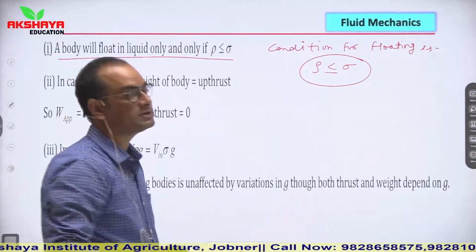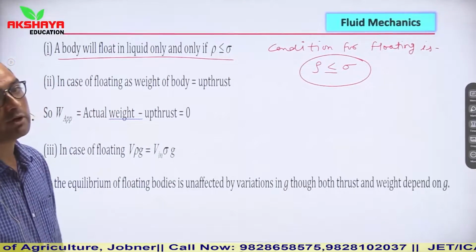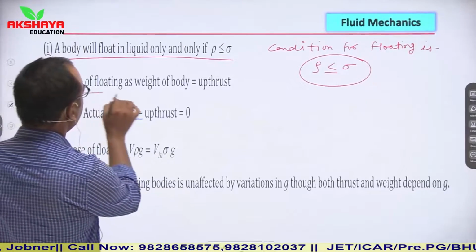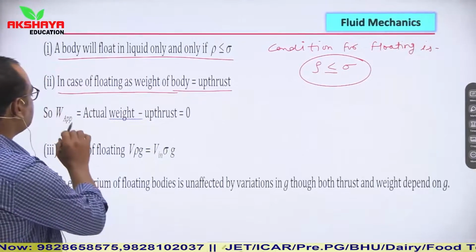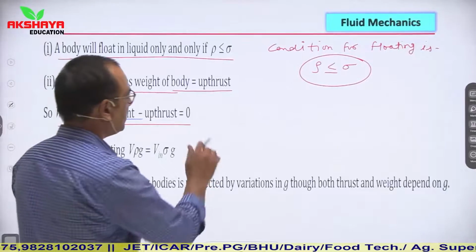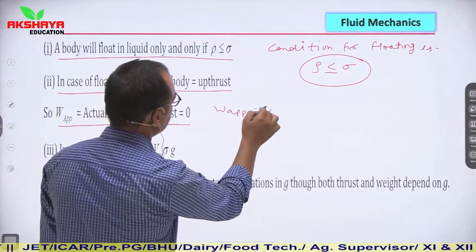If the density of the liquid is greater, then it will float, or it should be equal to the density of the substance. So in case of floating, as the weight of the body is equal to the upthrust, we can say that the apparent weight is zero. It means there is no change in weight experienced.